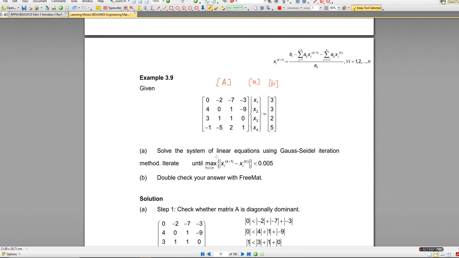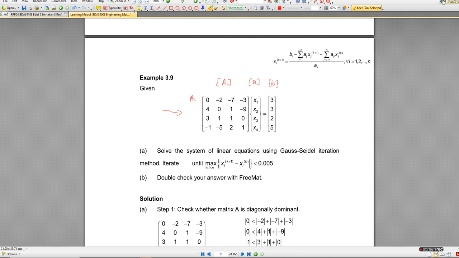We have to determine whether this matrix A is diagonally dominant or not. Just highlight it. Is it diagonally dominant or not? No, right? So if no, then you have to rearrange. How to rearrange? First, you have to look at matrix A based on the row direction.